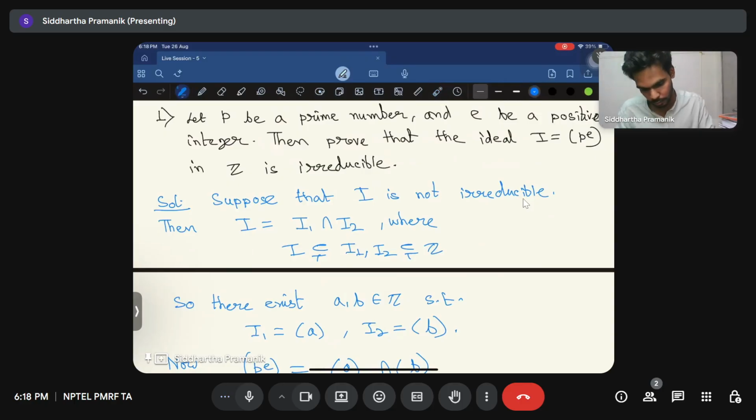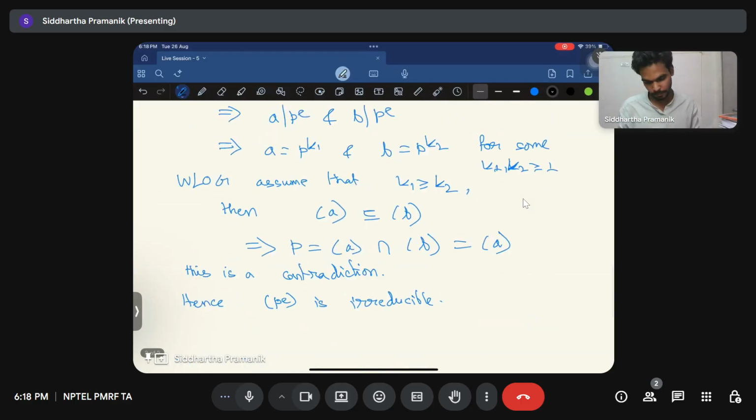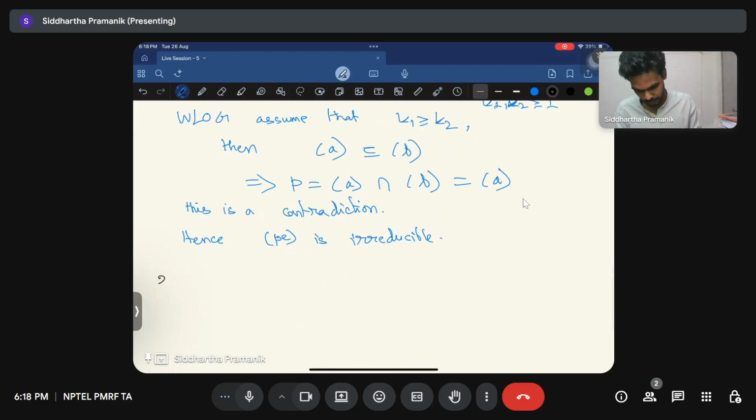Now let's do the next problem, in which we will see how to get the primary decomposition of an ideal in Z. So question number 2. This is also from the practice problem sheet.